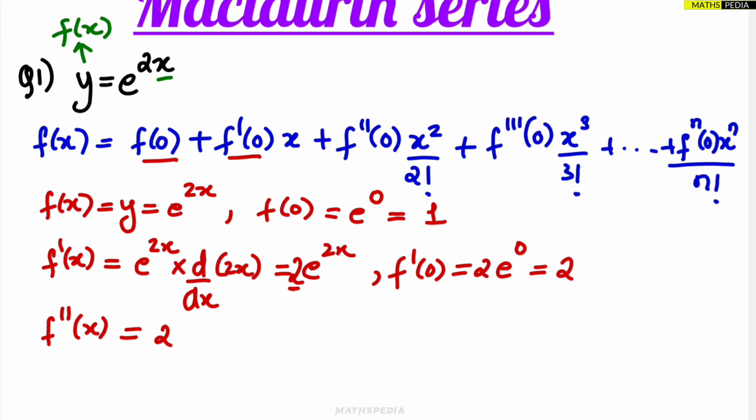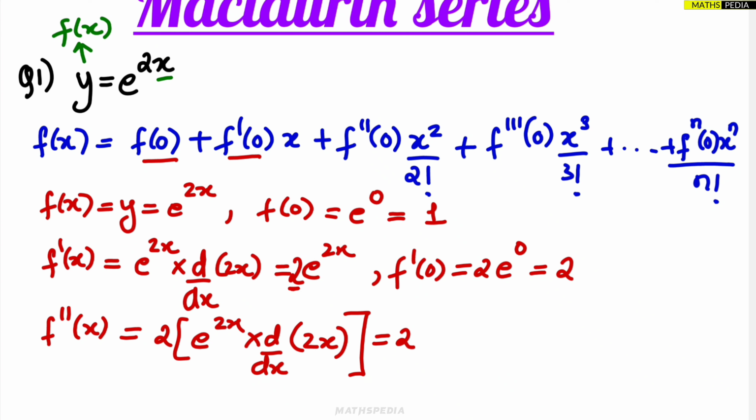Again the differentiation of e power 2x is e power 2x into the differentiation of 2x. So 2 into e power 2x into d by dx of 2x, which is 2. So the answer is 4 e power 2x.